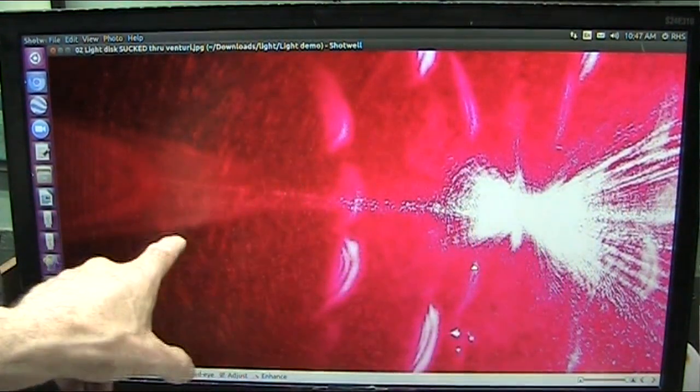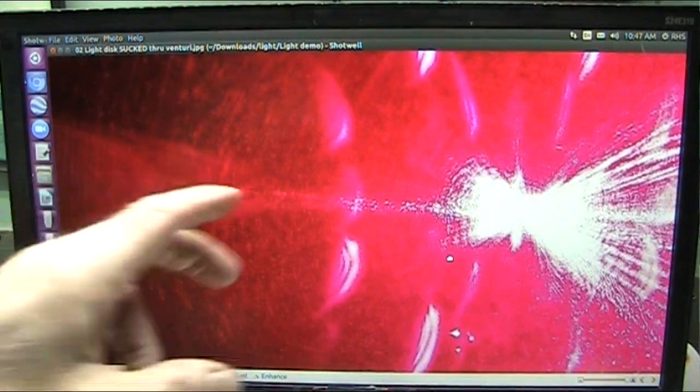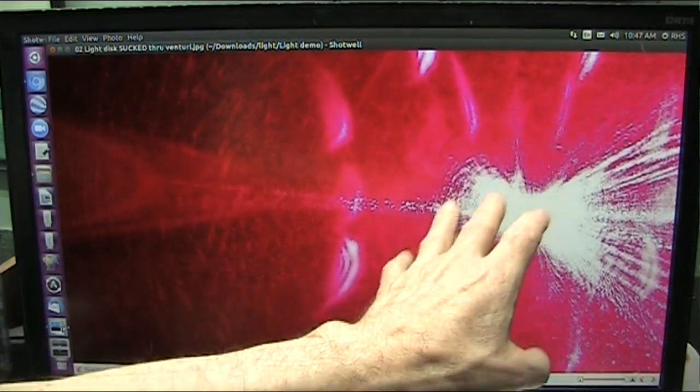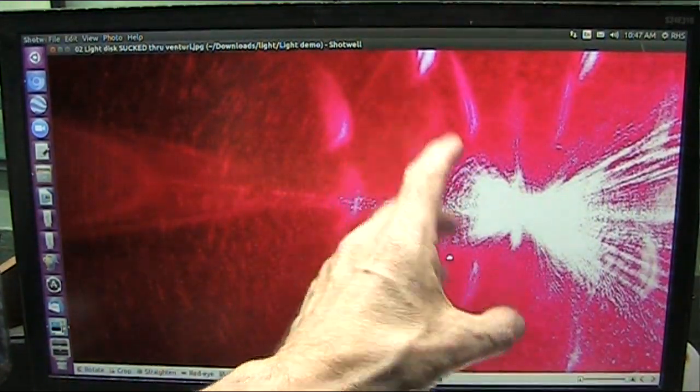All right? It's just the way it is. Voltage is energy, and the higher the voltage, the higher the energy. That's my feeling. And anytime you see something whiter than white, the whiter it gets, the more energy you are seeing.